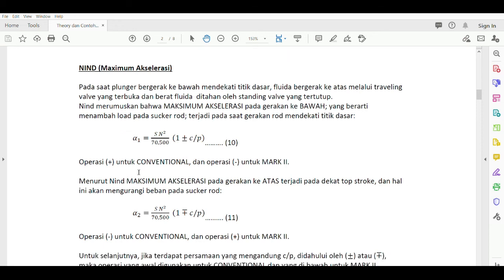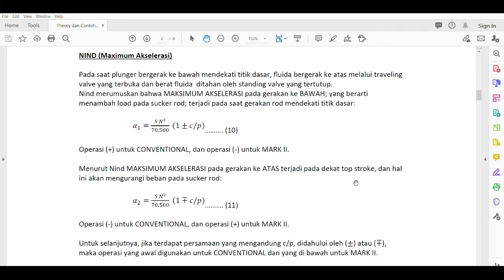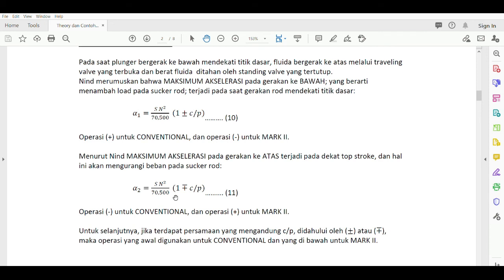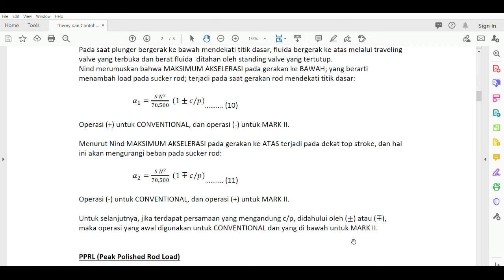Then he also explained the maximum acceleration on the upstroke is close to the top of the stroke. Again this is the expression, and negative in this case is conventional, and positive for Mark II. Whatever is mentioned first is conventional, and the second mentioned is Mark II.